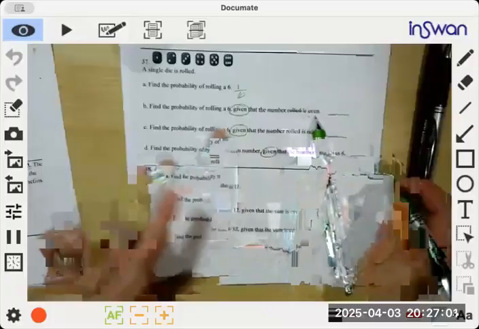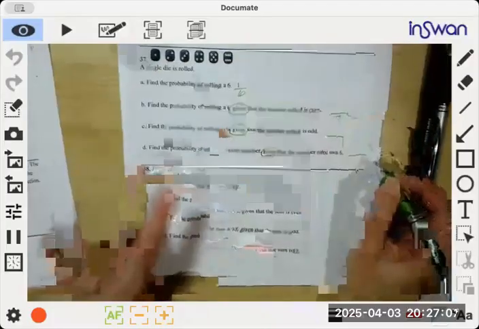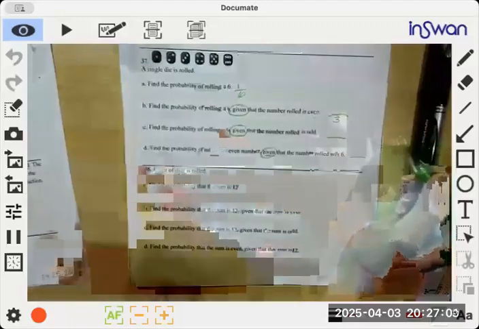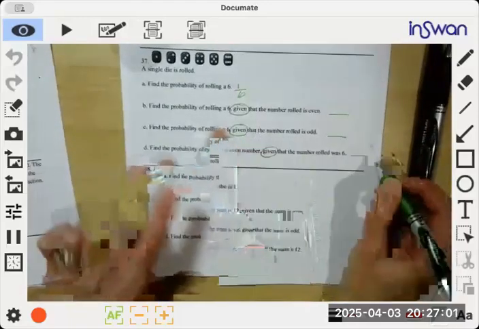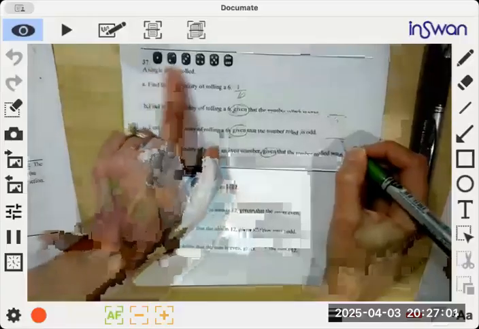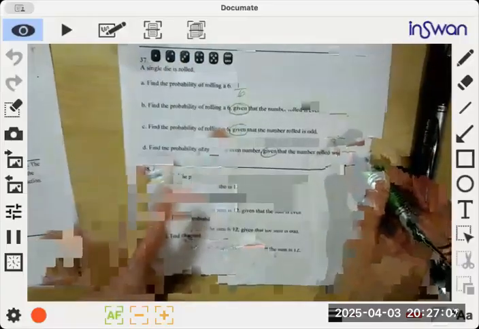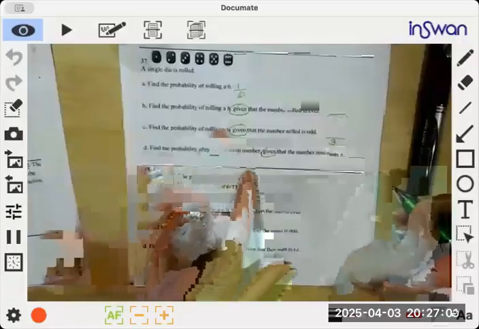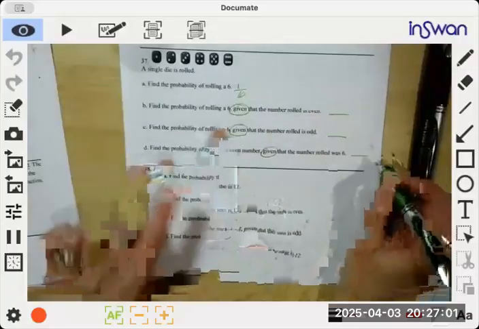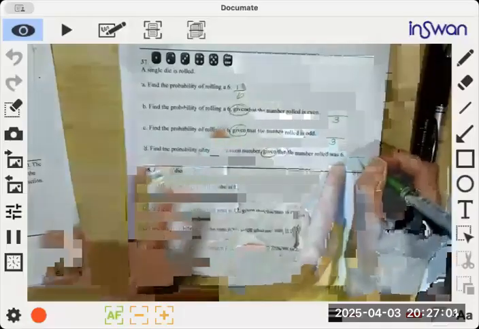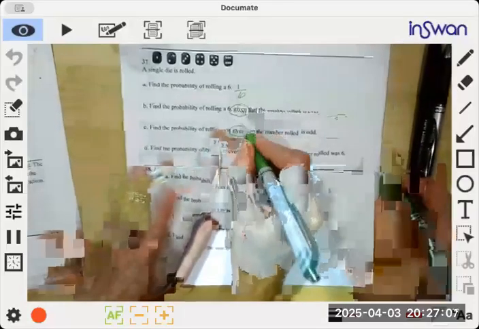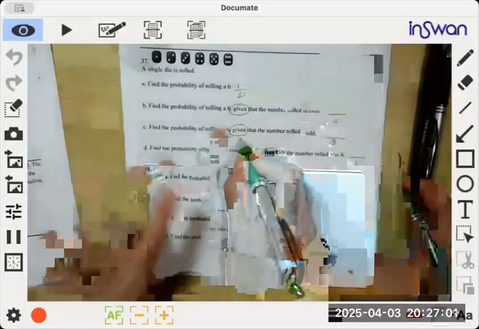Given that the number rolled is even, that's 2, 4, or 6, so there's only 3 options there. Given that the number rolled is odd, there's only 3 odds, 1, 3, 5. Given that the number rolled was a 6, there's only one 6, so the denominator is 1. That given tells you that denominator.